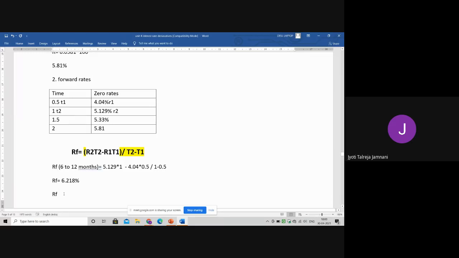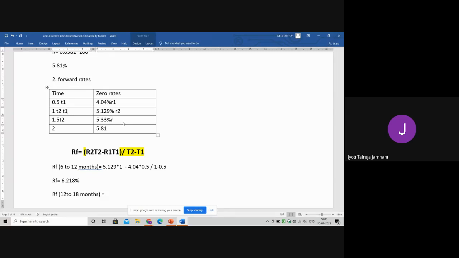12 to 18 months we will do. Here 1.5 will become T2, and 1 year will become T1. This rate will be R2, and the 1-year rate will become R1.